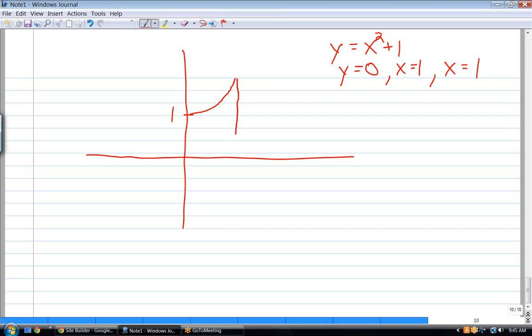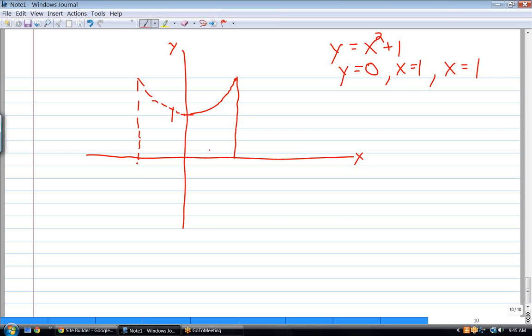So basically, we have this area, and we're going to revolve it about the y-axis. So we'll end up with a solid that looks something like that.